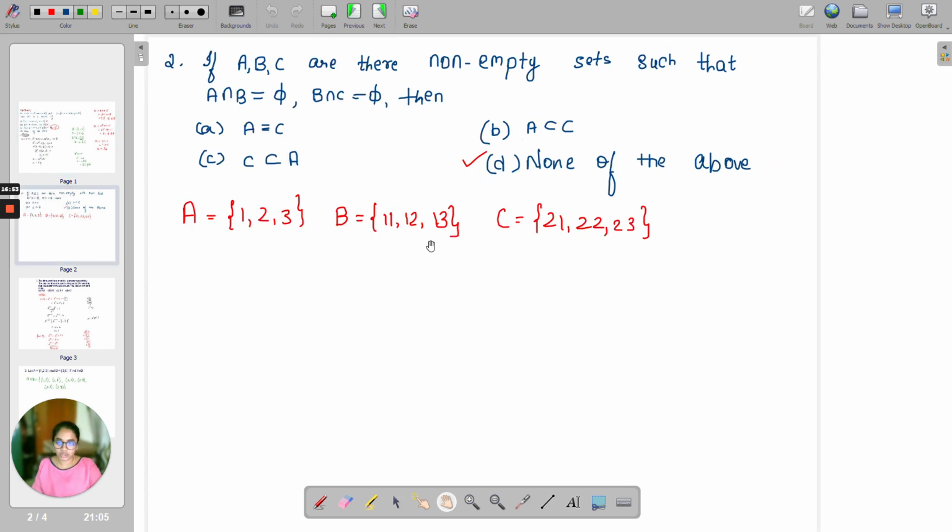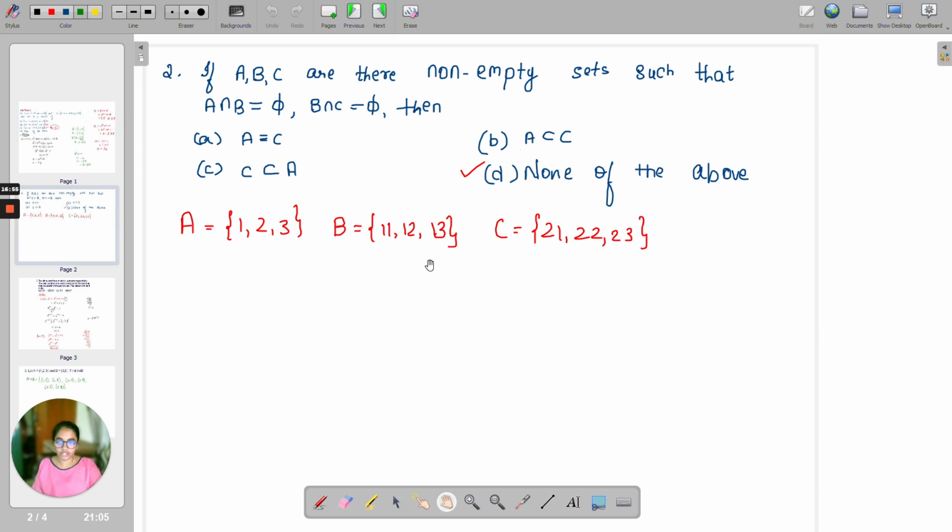So in the second one, they've already mentioned that A intersection B is equal to null, and B intersection C is equal to null. So we wrote down three sets where A intersection B and B intersection C are equal to null, and we saw that none of the above is true.